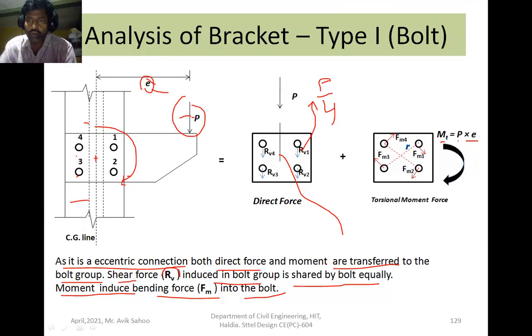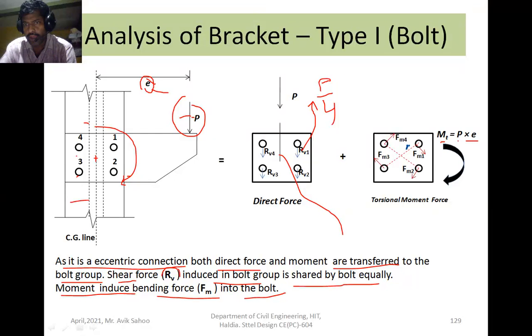So this force is also distributed among the bolts, because the bolts take the forces; this is the applied force and the resistive force is developed by the bolts. As it is a moment, this bending force is applied to the bolt, and it is perpendicular to the radial axis.